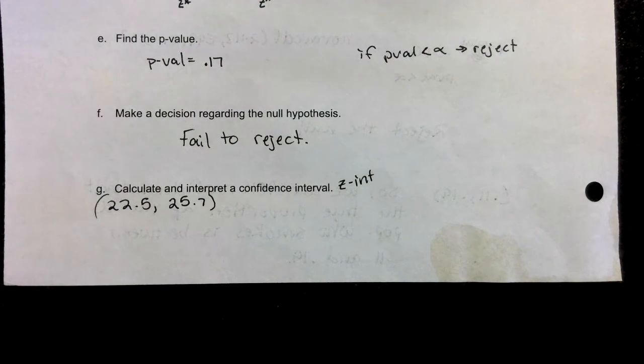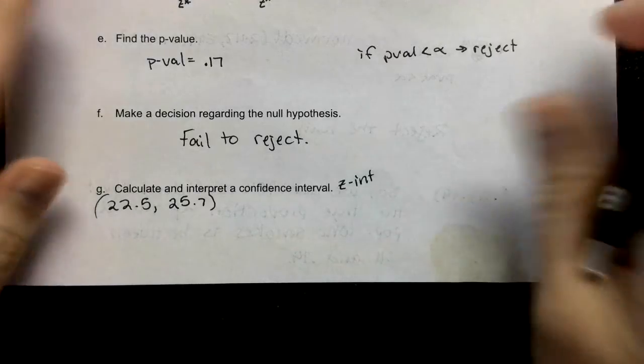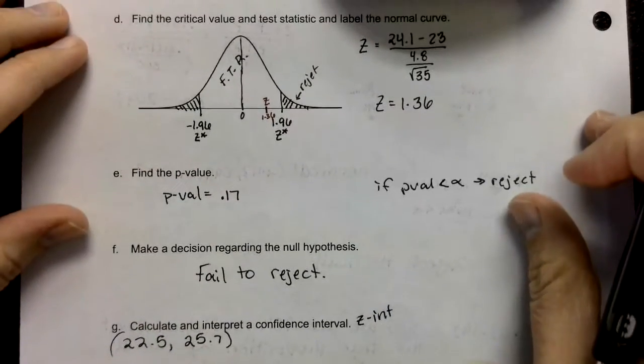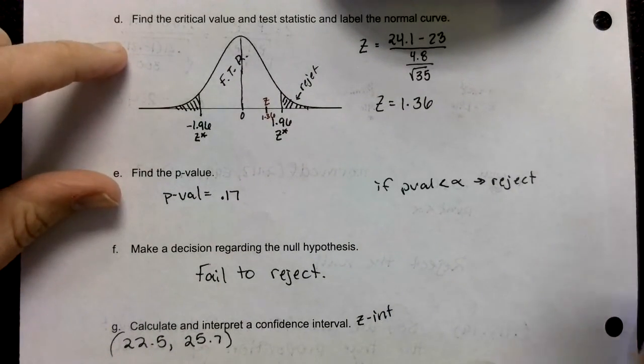So the interpretation would be we're 95% confident that the true mean ACT score of entering freshmen is between 22.5 and 25.7. So how does that support the same decision?